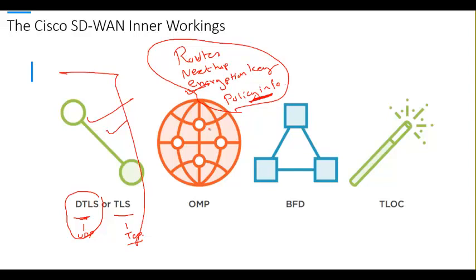Between the controllers, vSmart and vManage, they don't have OMP? No, no, no. But somewhere I read that some information from the vManage is directly given to all managed devices, some route information which is common for all devices, passed on directly by vManage.